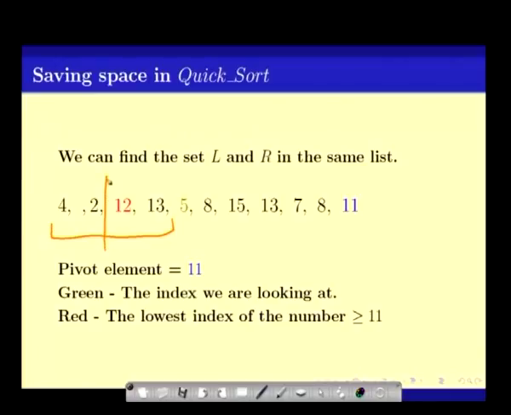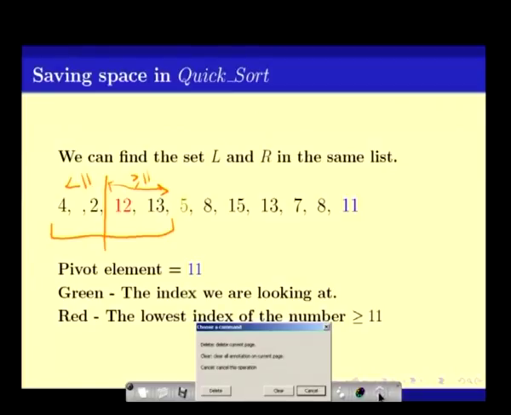From the red marker to the green marker, everything is greater than or equal to 11, and anything on the left of the red marker is strictly less than 11, and this is what we will maintain all the time.